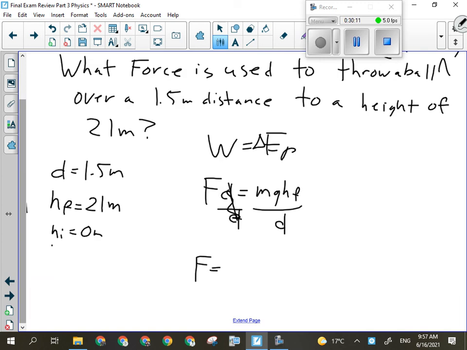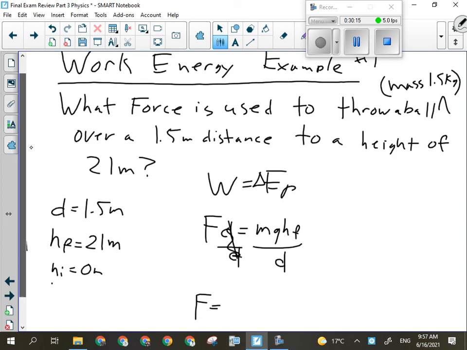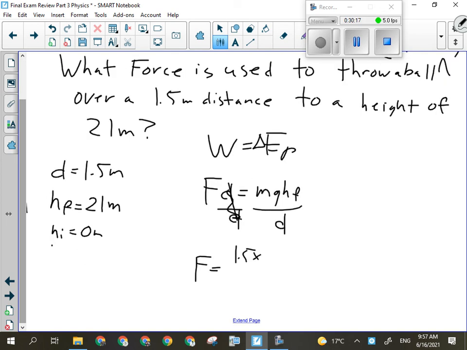So force will be, didn't tell me the mass though, 1.5 kilograms. So 1.5 times 9.81 times the final height, 21 meters, divided by 1.5 meters.